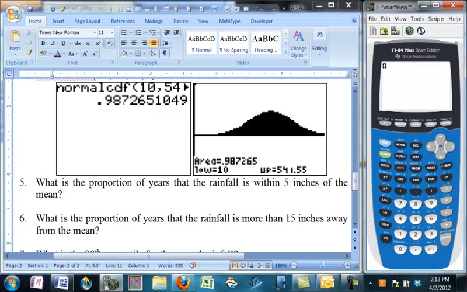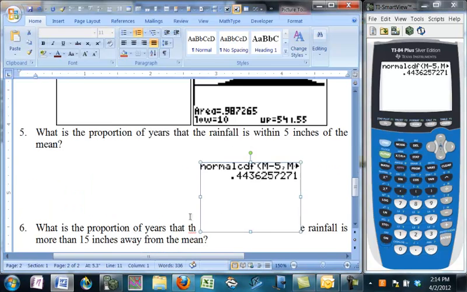Okay, so again, this is a distribution, a normal CDF to compute probabilities, and we're going from the mean minus 5 inches up to the mean plus 5 inches with our mean of M and standard deviation of S. Again, you can figure out what these numbers are and type them in here if you want, but that gives us our probability that we're after.